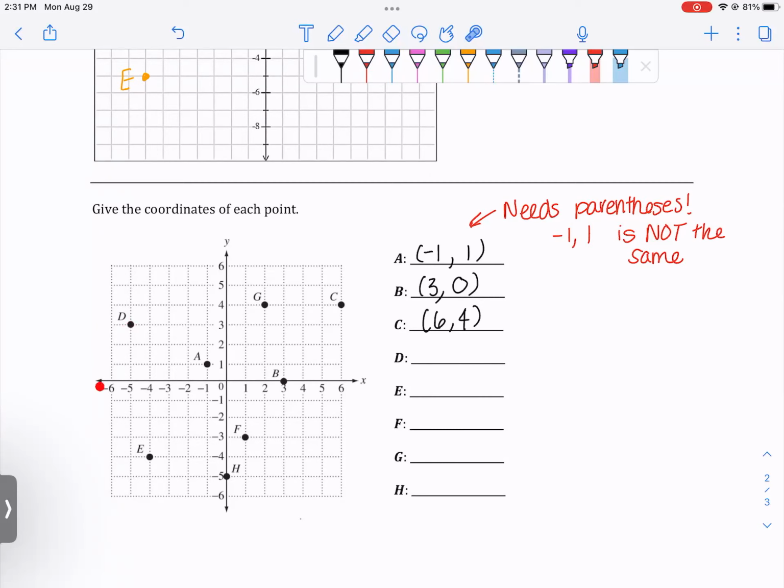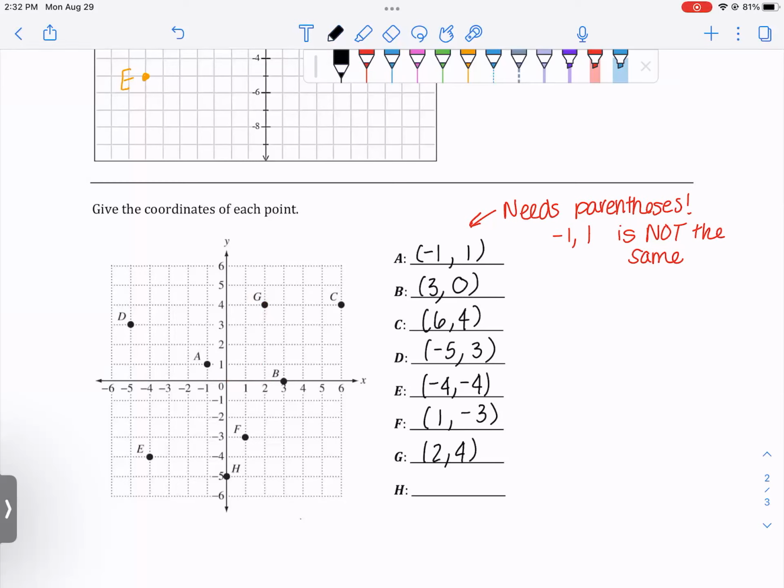D is going to be -5, comma 3. -5 for X, 3 for Y. E is -4, -4. F is +1, -3. G is +2, +4.